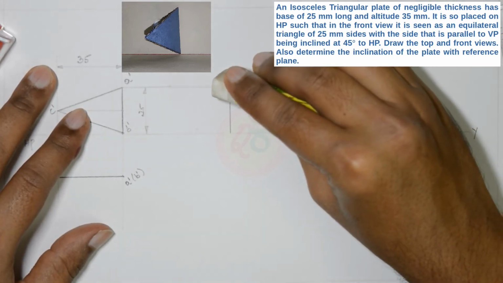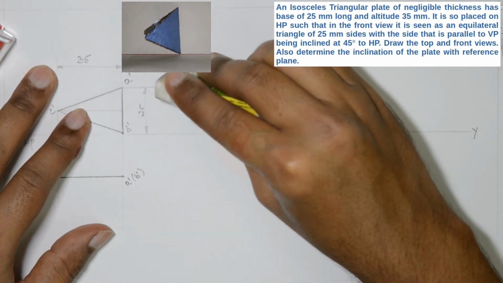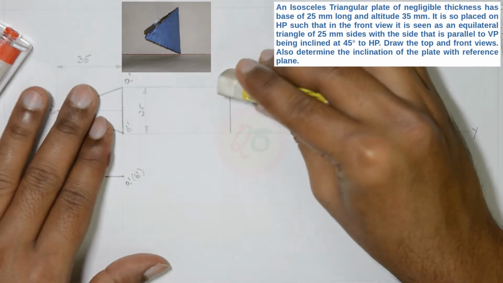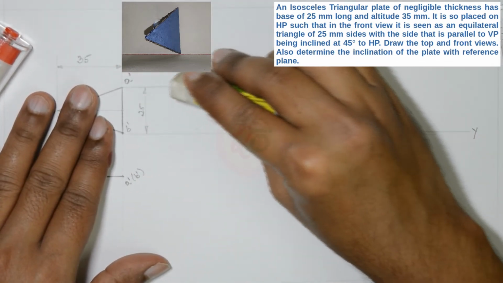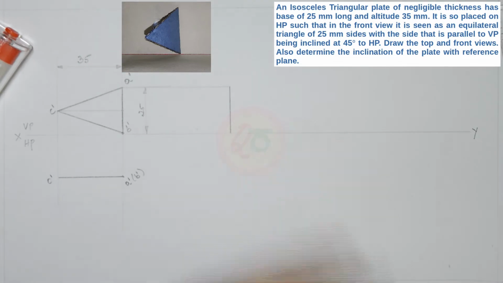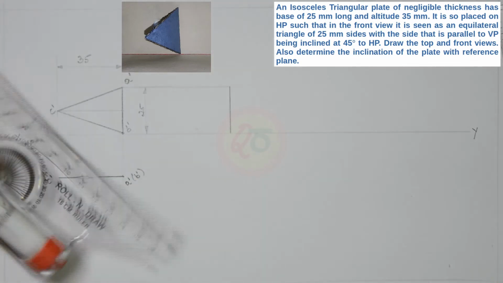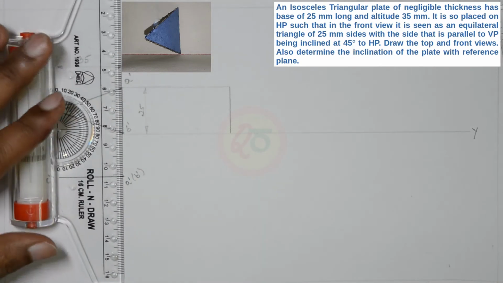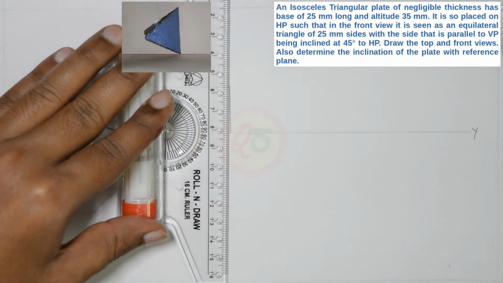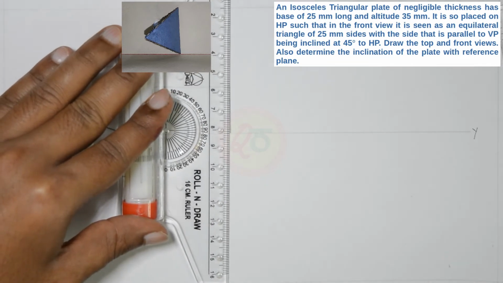I've shifted to a roller scale since it will be easier to draw the parallel and perpendicular lines with that scale. Now, since an equilateral triangle needs to be drawn, I don't know if I've drawn this exactly parallel to this. Okay, fine. Acceptable.